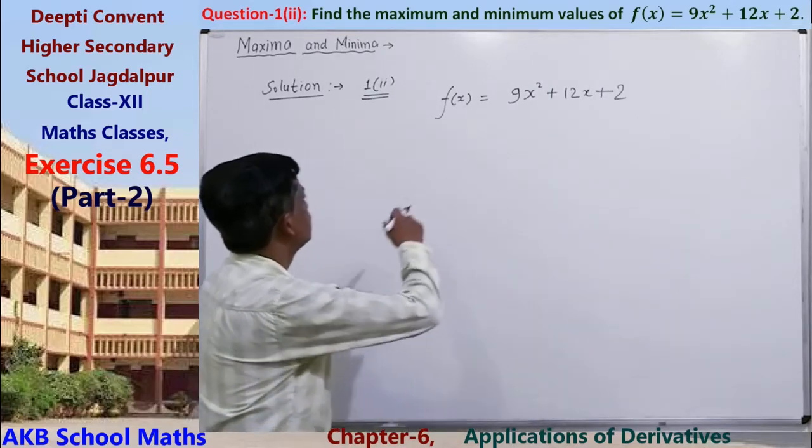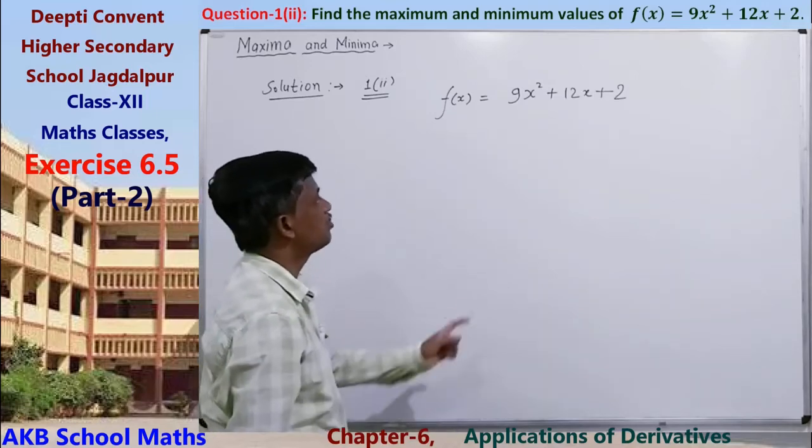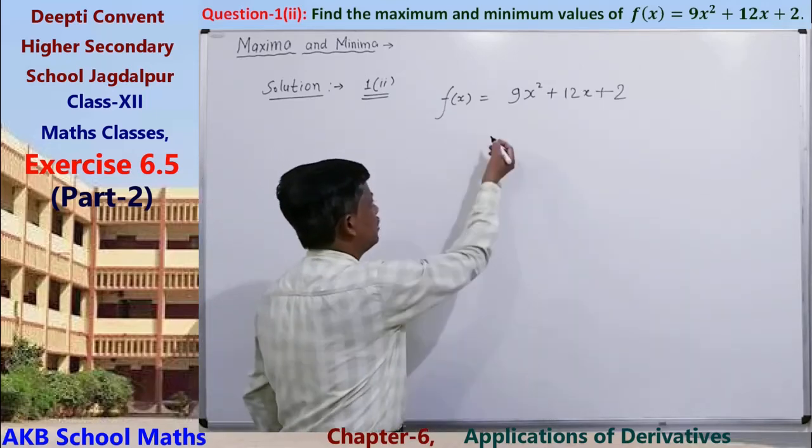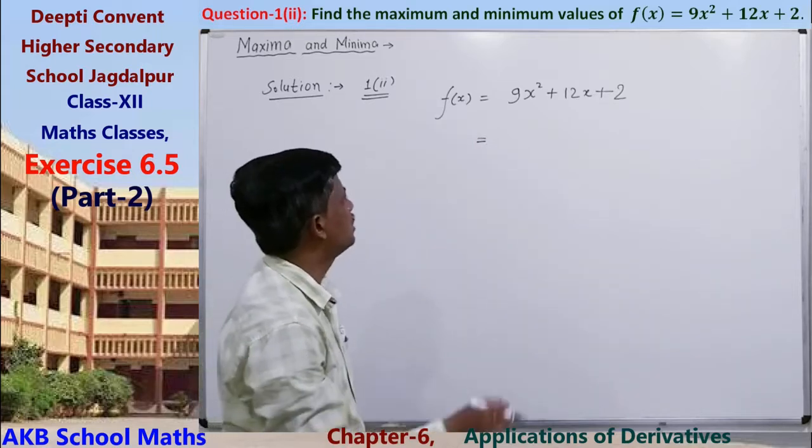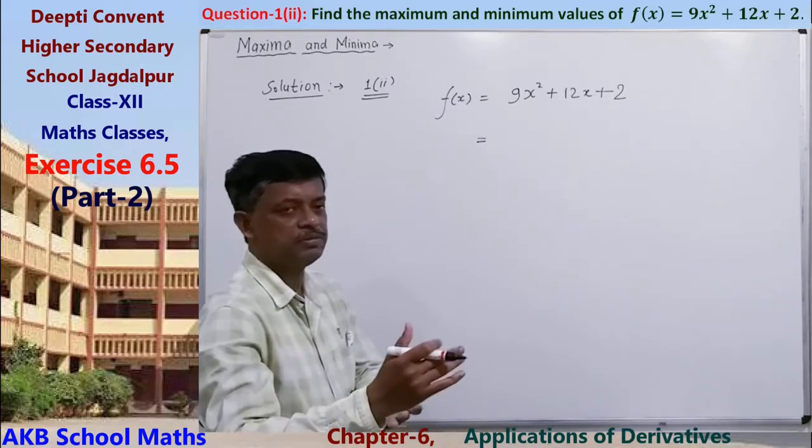So for finding the maximum or minimum value, there are different types of methods. You can use any method to find the maximum or minimum value.